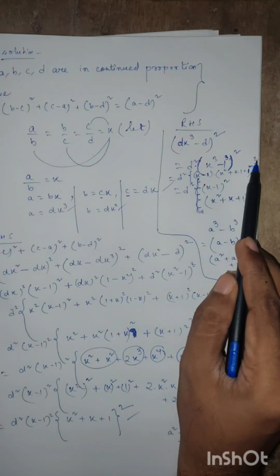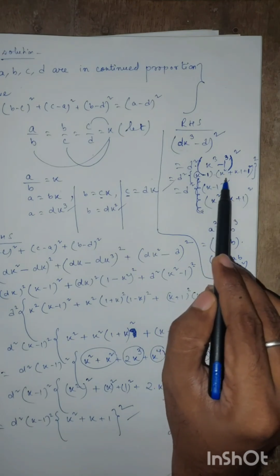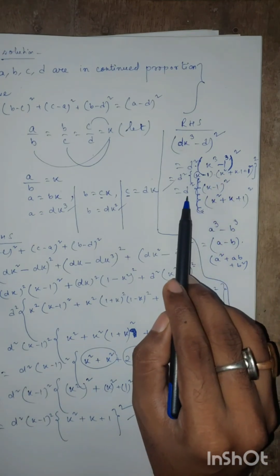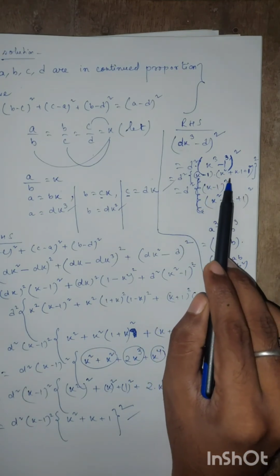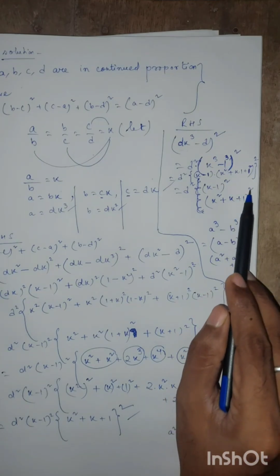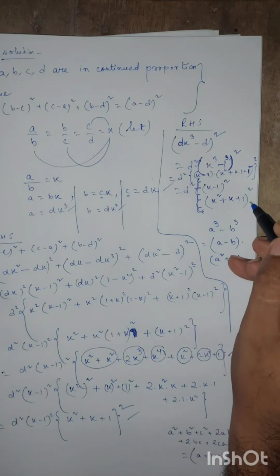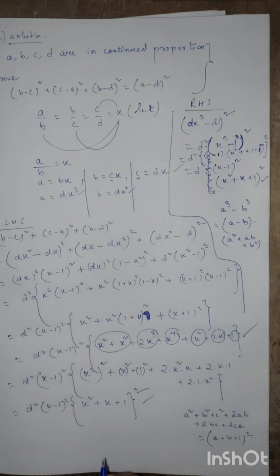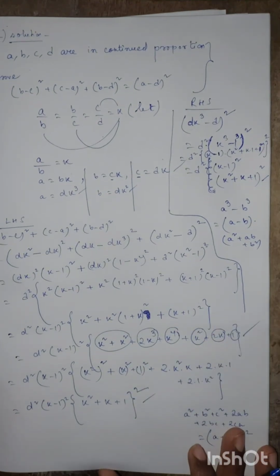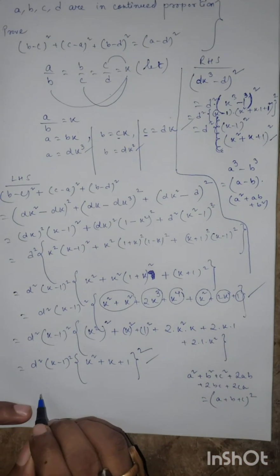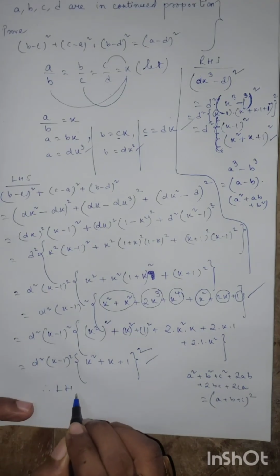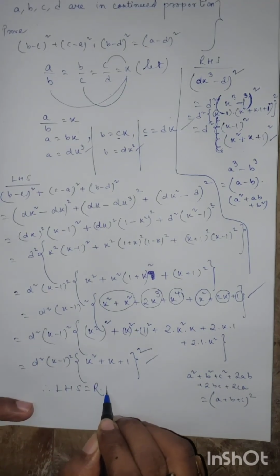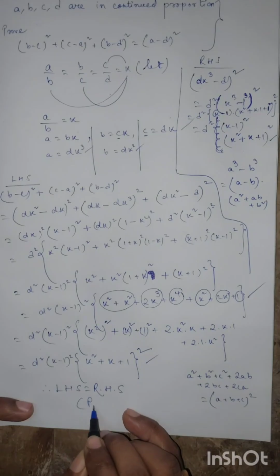And this square can be distributed to both these terms, so it becomes d square k minus 1 whole square and k square plus k plus 1 whole square. So this is our RHS. So you can see that LHS and RHS both are equal. So we can say therefore LHS is equal to RHS. Proved.